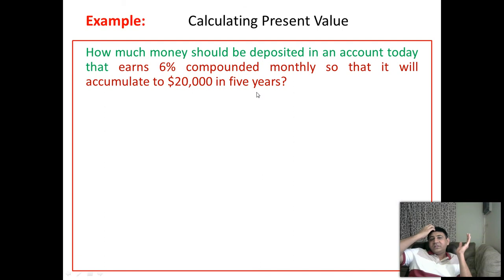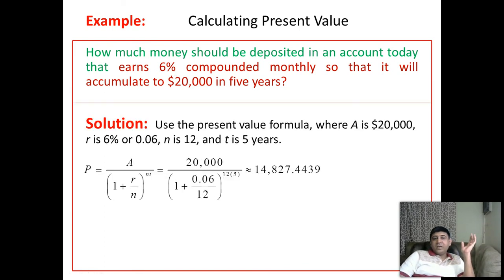At the end of 5 years, we want to have 20,000 in savings, and we know the account we are putting it in pays 6%. How much should we start with? That's the goal. We already wrote the formula: P is equal to A over (1 plus r over n) to the power nt. We know how much we want the accumulated value to be, this is our target, which is 20,000.